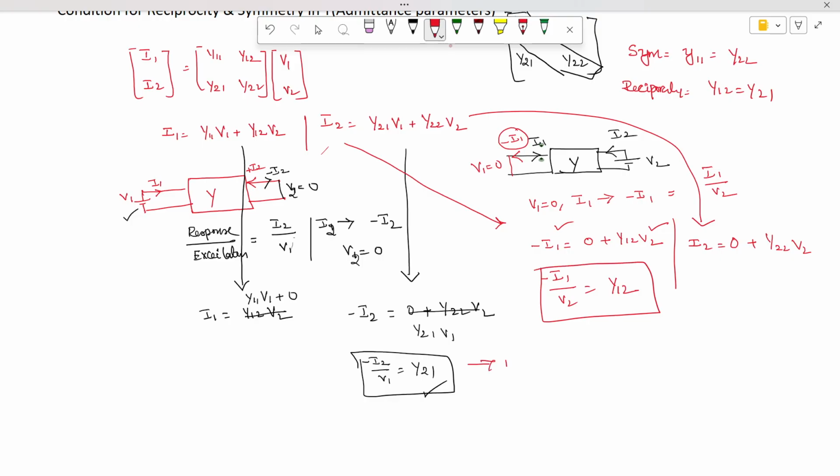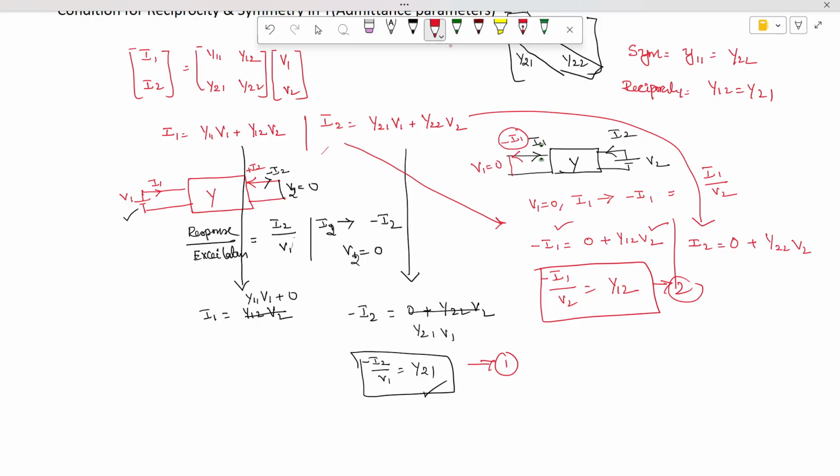So compare this equation with the second equation. Comparing the response to the excitation, I mean output current to the input voltage, what would be the value of admittance by comparing the first equation and second equation?